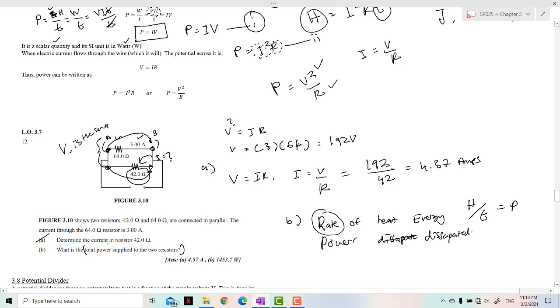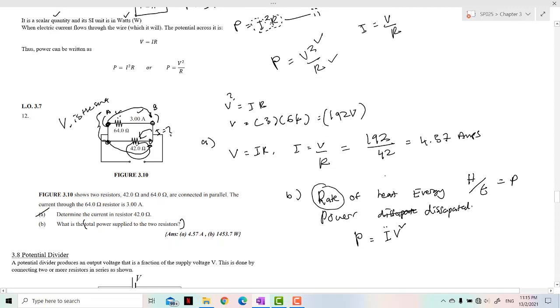So let's look at this question. What is the total power supplied by the two resistors using P equals IV? Let's try to use P equals IV, but now you have to be careful. When the question asks for total power, it means the total energy of both resistors. When you use P equals IV, the V here is the same, 192, but the current travelling through both of these resistors is not the same, because it's in parallel.